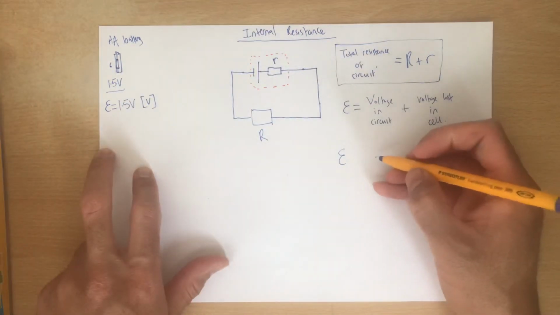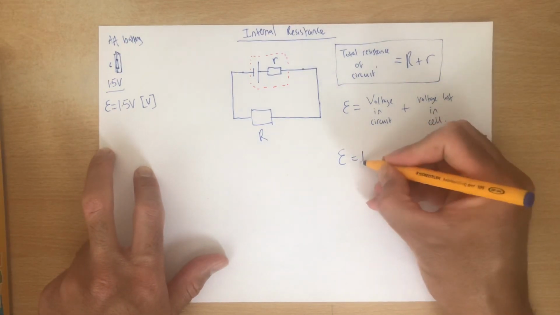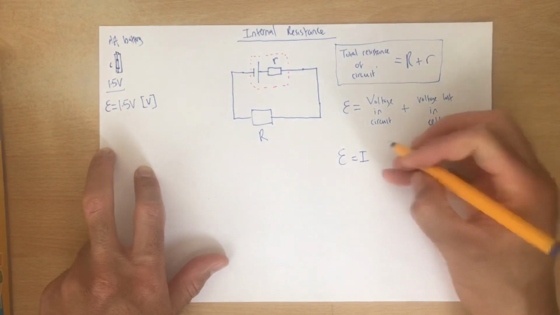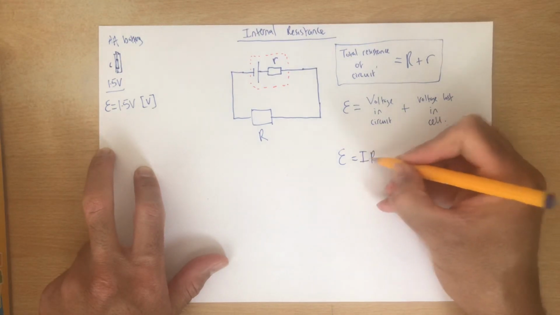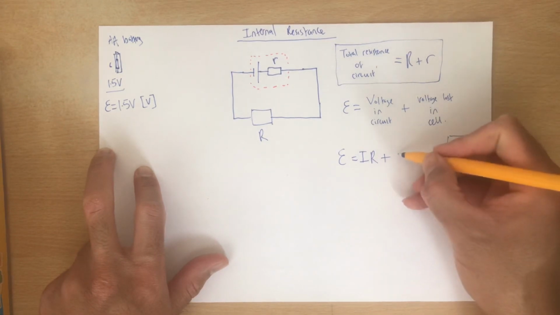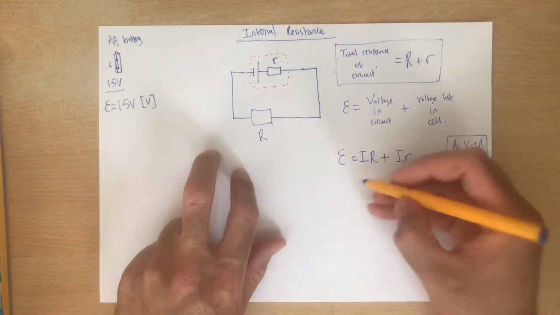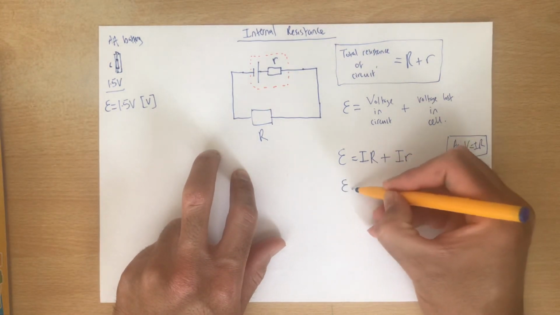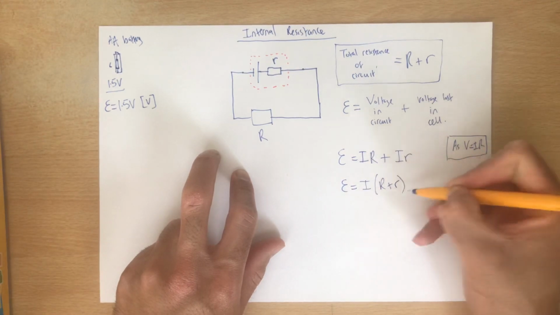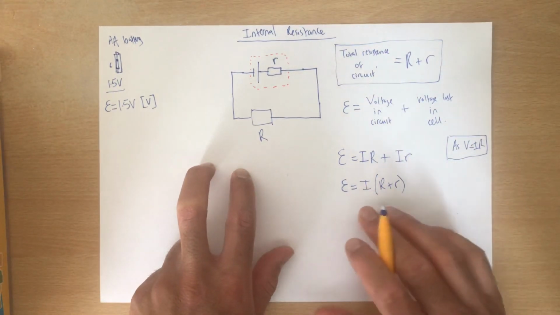Epsilon, or the EMF of the cell, is equal to the current in the circuit times the resistance in the circuit, so we times those two together, plus the voltage lost in the cell. Therefore the total EMF is equal to I R plus I r, that is I times (R plus r). So that's how we calculate the EMF of a cell.